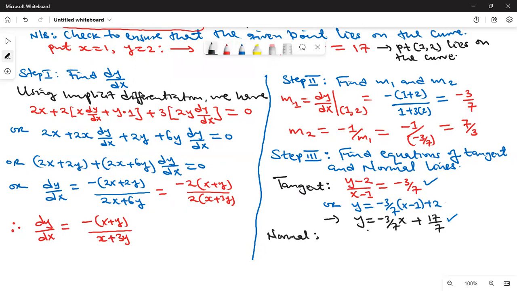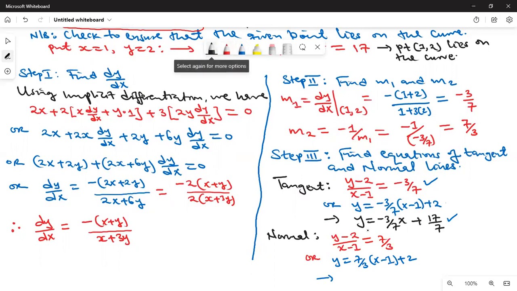Normal line, again, change in y will be y minus 2. Change in x is x minus 1, equals m2, which is 7 over 3. So that is the equation of the normal line, or you could write this as y equals 7 over 3 times x minus 1, then plus 2, which you can simplify.